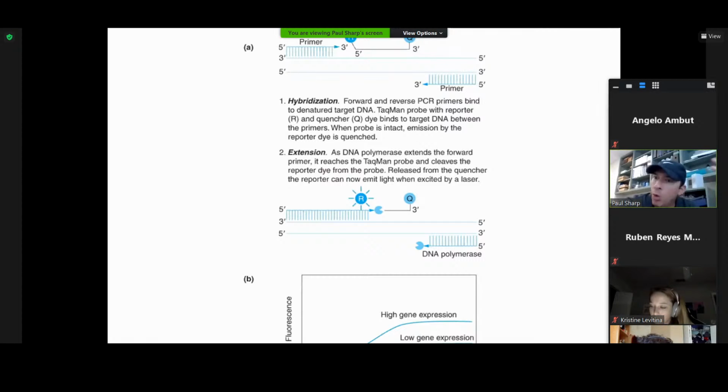And so the lower expression, the fewer mRNAs you have, the longer it's going to take to build up the fluorescence in your qPCR reaction to pass the threshold cycle. Okay, so that's how it works.